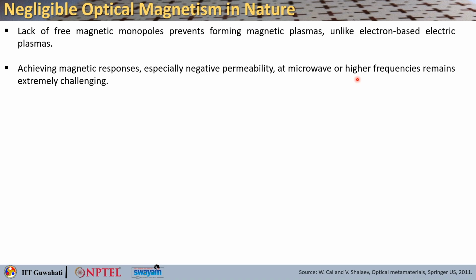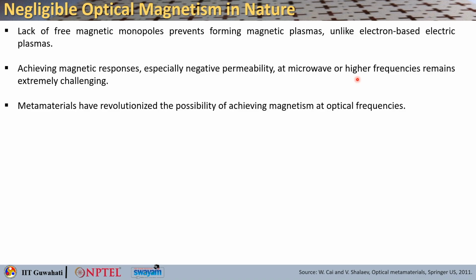You are not getting any simple response from the magnetic part of the electromagnetic field at these high frequencies. So, metamaterials have revolutionized the possibility of achieving magnetism at optical frequencies.